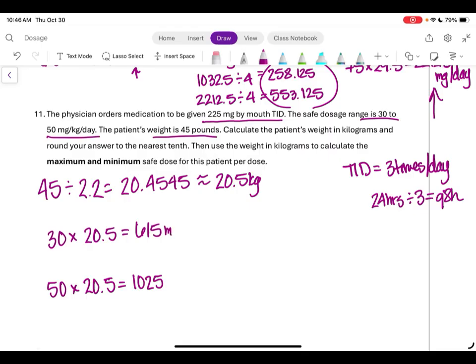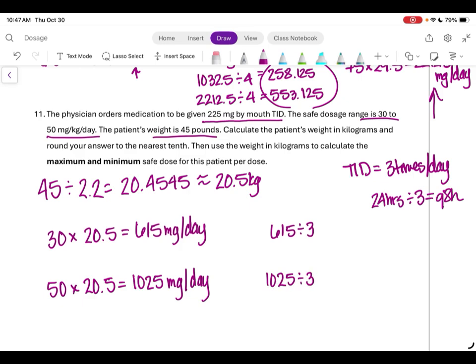Okay. And again, this is milligrams per day that we figured out, right? So we have an extra step here because we're trying to figure out what it is per dose, right? We already know it's TID, meaning 3 times a day, so 3 doses, right? So then we'll take the 615 and divide by 3, and the 1025 and divide by 3.